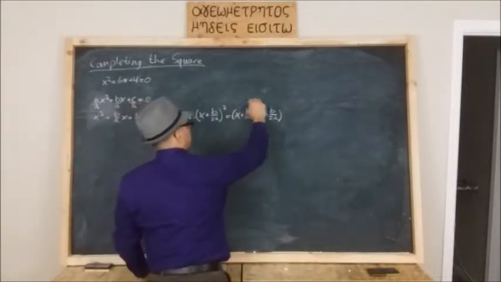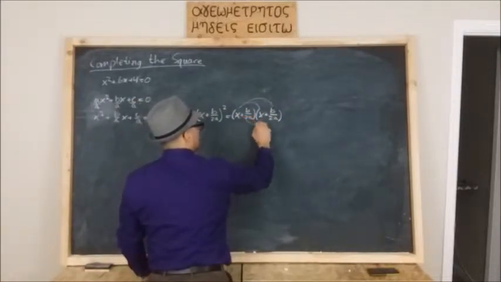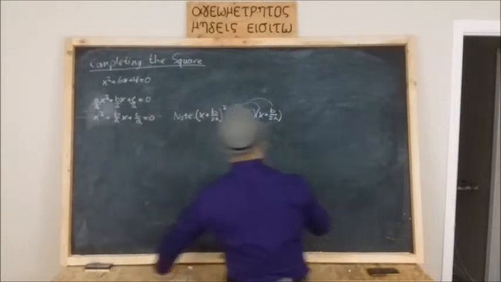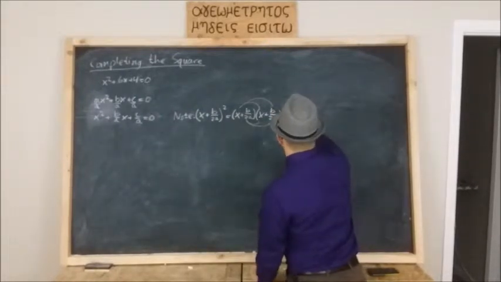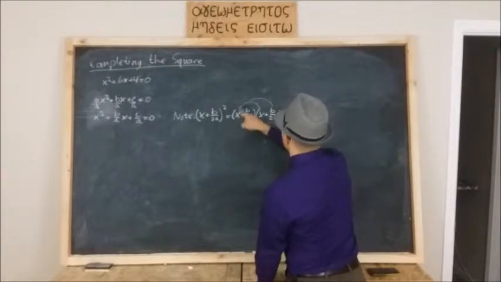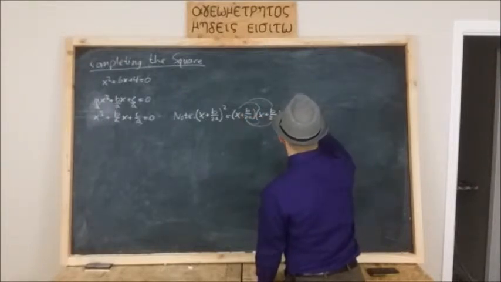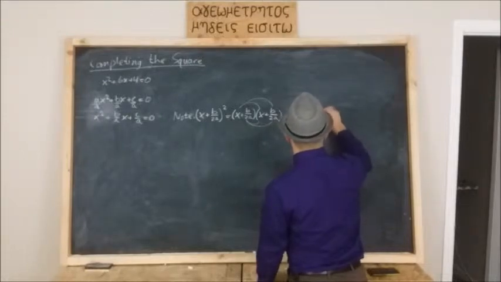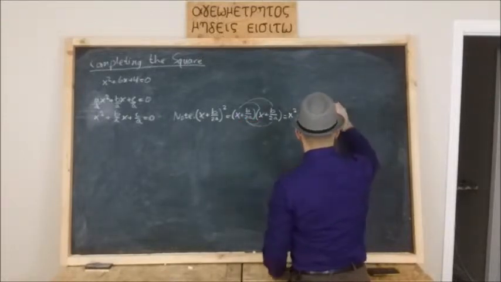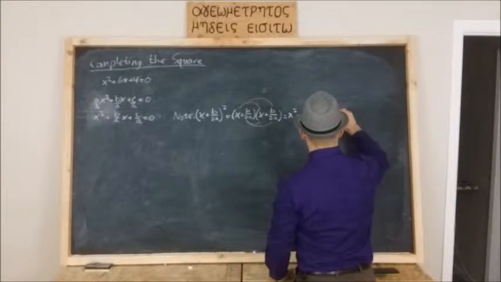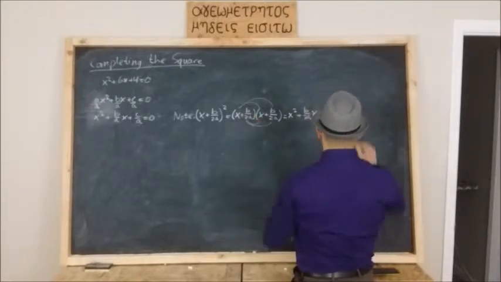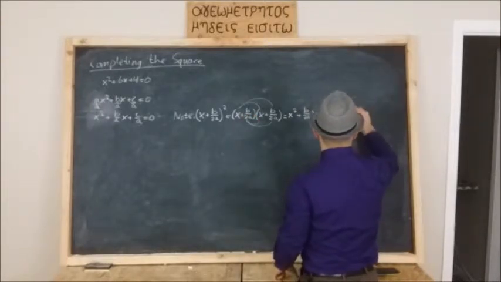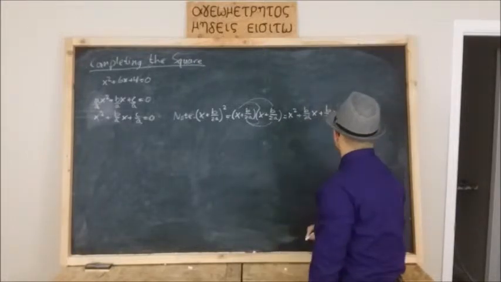Now we can FOIL: first, outer, inner, last. X times x is x squared plus b over 2a times x plus another b over 2a times x. And then b over 2a squared is going to be b squared over 4a squared.